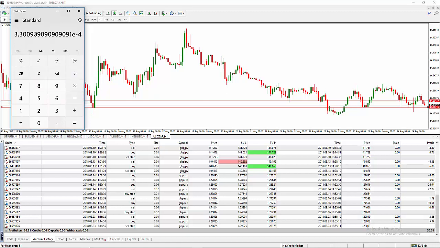Let's see if we multiply this per month times 12, it's going to give us 3.3% times 12.